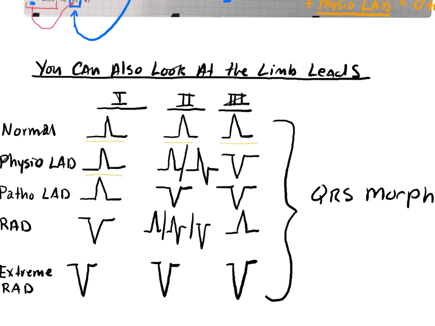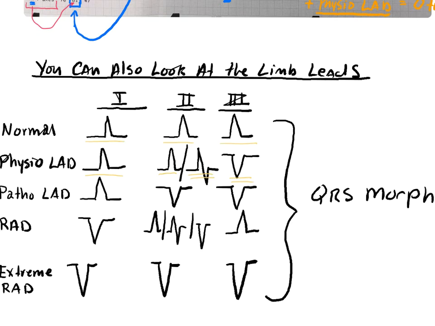Would you guys agree? Lead 2 is either going to be upright or it may take on a biphasic appearance the further up you go into the physiological LAD, right? Because it's shifting a little bit away, but some of it is still going toward, right? So you get this biphasic QRS where half of the QRS is up and half of it's down. Does that make sense? But lead 3 is definitely going to be down because it is shifting away from lead 3.